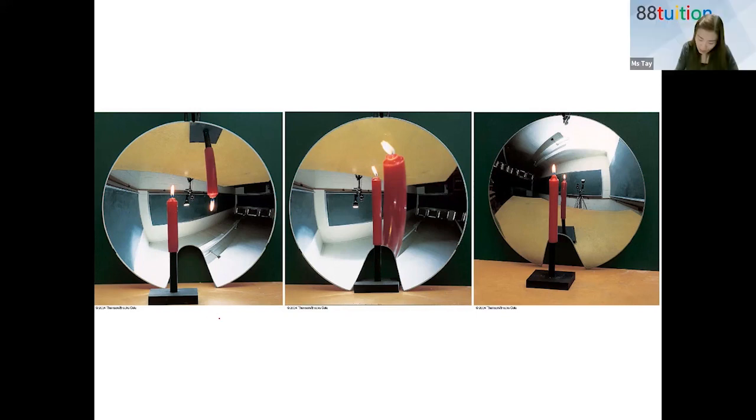First one is convex. Yeah. You think that this is convex? Yeah. And then this is concave. What about the third one? Just a plain mirror. Yeah. You think that this is a plain mirror? Okay, let me see.